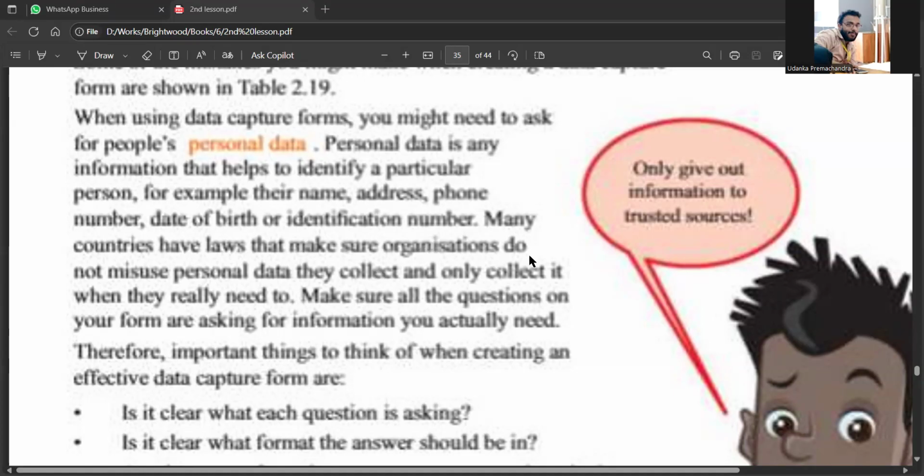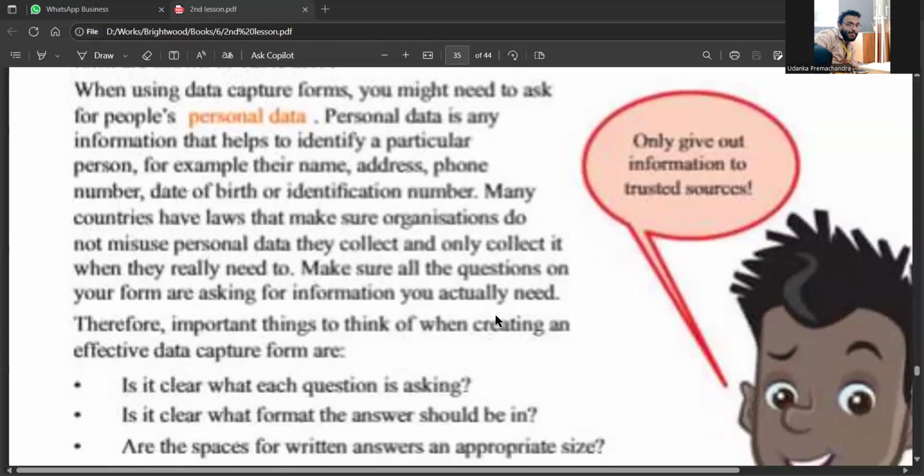Many countries have laws that make sure organizations do not misuse personal data. They should only collect what they really need. So make sure every question on your form asks for information you actually need. If it is not needed, there is no need to ask.